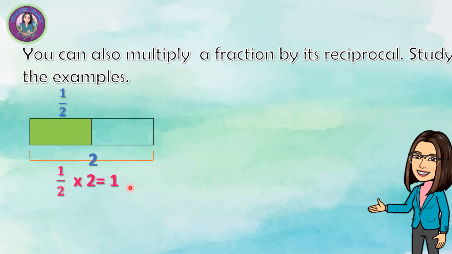Just like what we did a while ago, multiplying a fraction by a whole number, just rename the whole number into fraction form, and this is 2 over 1. So if you multiply that, 1 times 2 is 2, 2 times 1 is 2, then 2 over 2 is equal to 1.